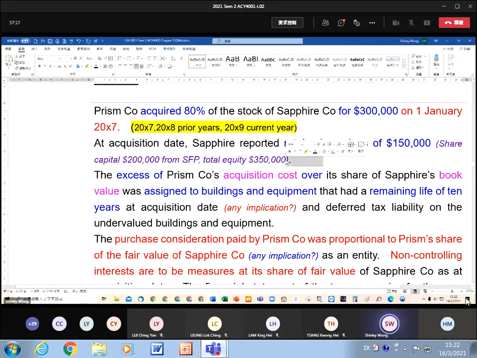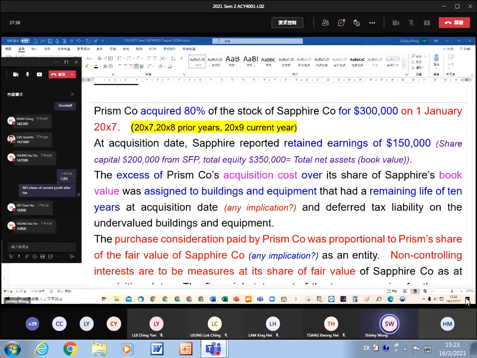So remember, total equity is equal to total net assets, and it also represents the book value of the company at acquisition date. Usually the question will tell you whether there is any new issue of shares after you purchase the subsidiary or not.